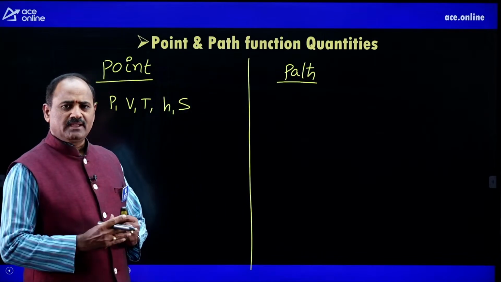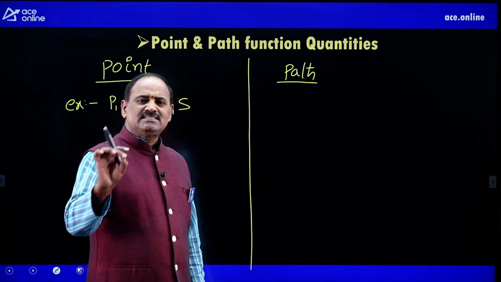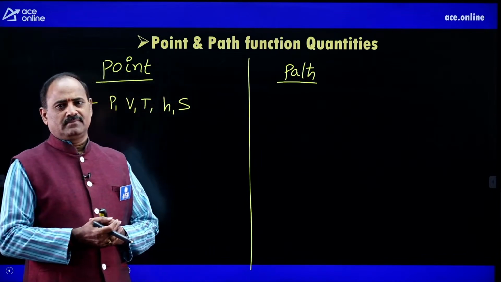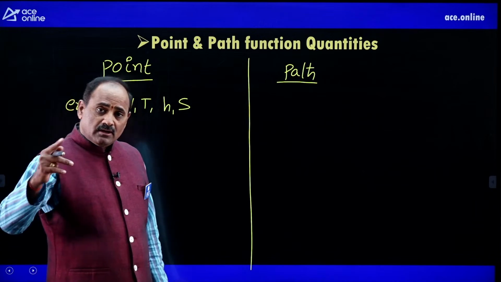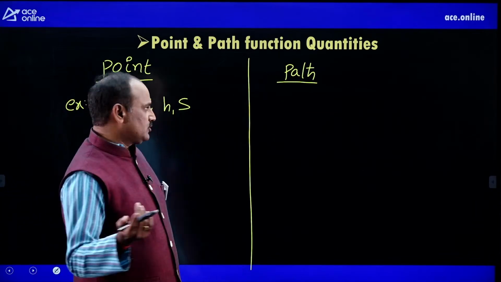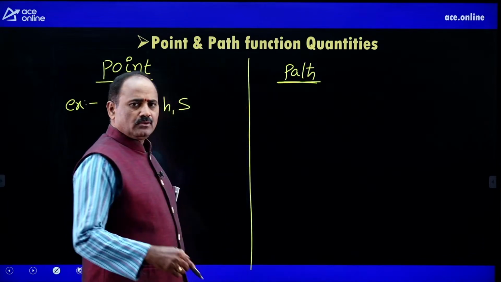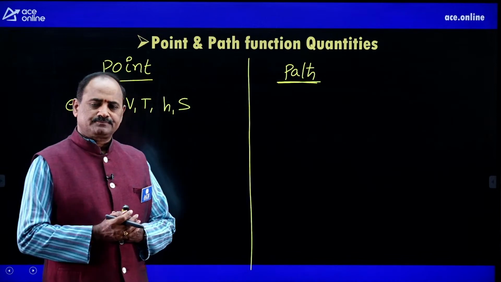Path function quantity means the quantity which is not only depending on initial and final states, but also depending on the route followed by the process or path followed by the process, is called path dependent quantity or simply path function quantity.